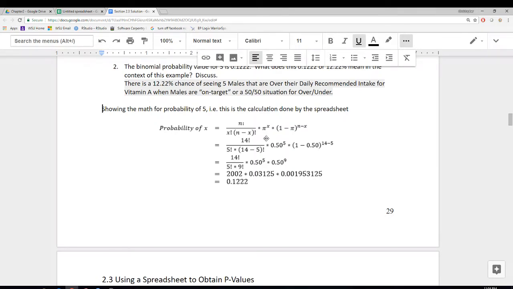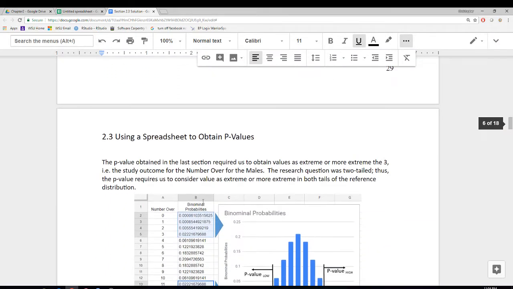And that parameter value is set up as a 50-50 scenario. So the pi value that's being plugged in here is 0.5. You can go through all of that math and you get the value of 0.1222 or 12.22%. Again, the spreadsheet is doing all of these calculations for us. And for this course, I'm not going to ask you to do these calculations. We'll just obtain them from the spreadsheet.